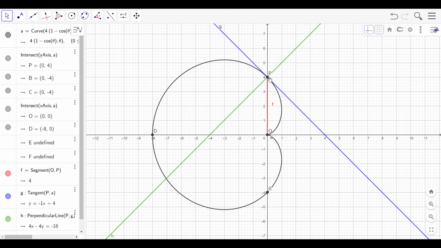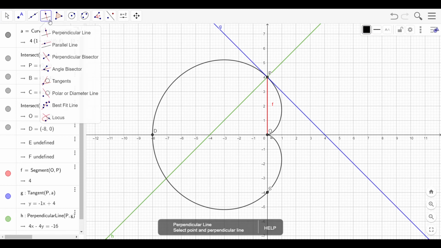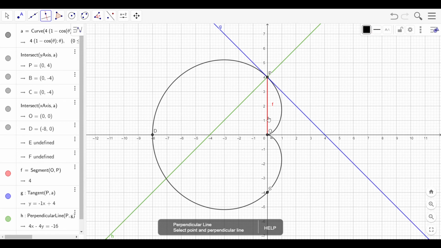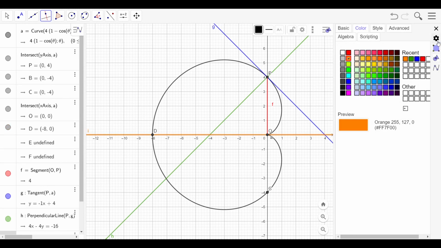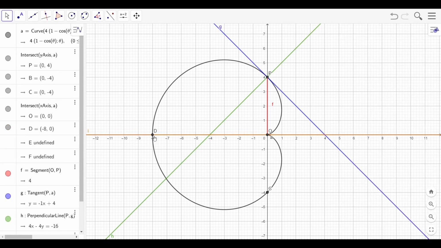So that is the x-axis, the entire x-axis. So this is the line perpendicular to OP passing through the pole O.